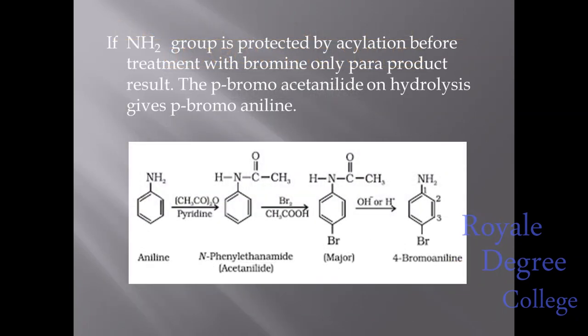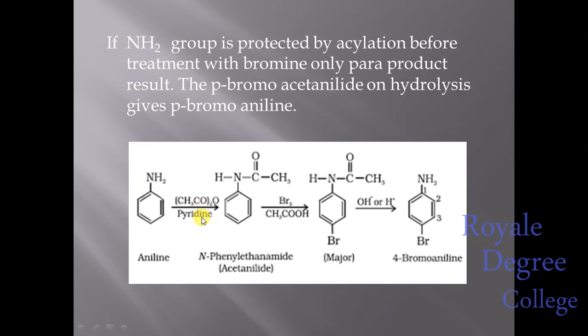If the NH2 group is protected by acylation before treatment with bromine, only the para product is obtained. The para-bromoacetanilide on hydrolysis gives para-bromoaniline. See the reaction. We are taking aniline and adding acetic anhydride, that is (CH3CO)2O, in the presence of pyridine.